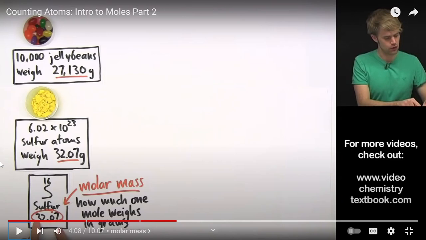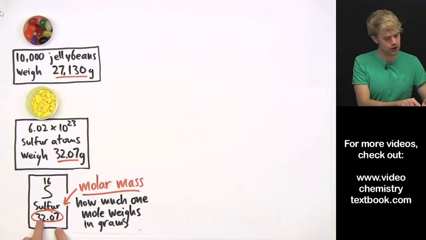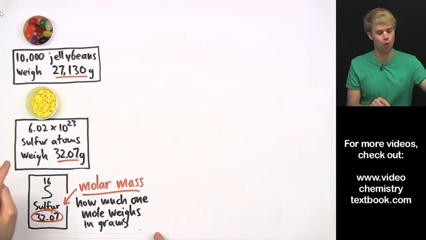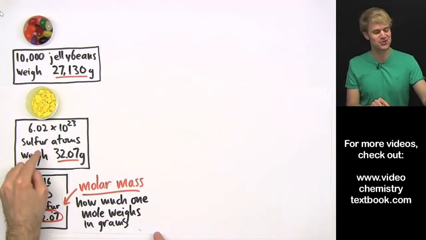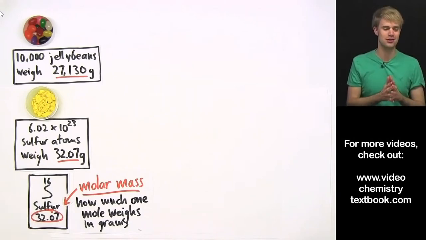So the mass of 1 mole of sulfur, 32.07 grams. The mass of 1 atom of sulfur, 32.07 AMU. 32.07 grams is how much 1 mole, 602 hexillion sulfur atoms, weighs.